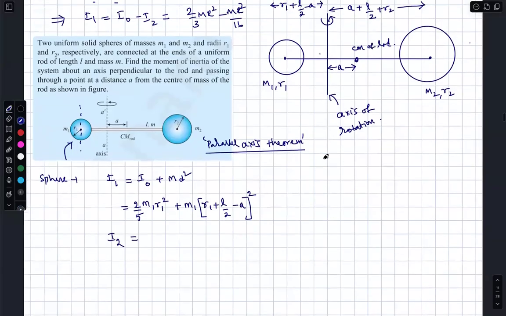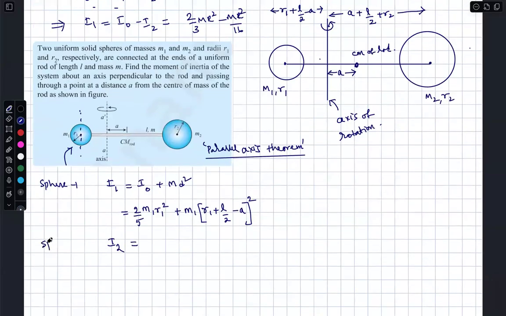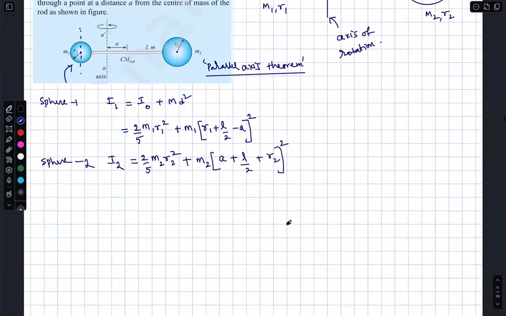I2 means sphere 2: 2 by 5 M2 R2 square plus M2 times (a plus L by 2 plus R2) square. Next, the rod.